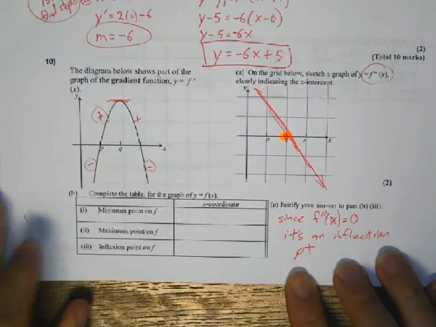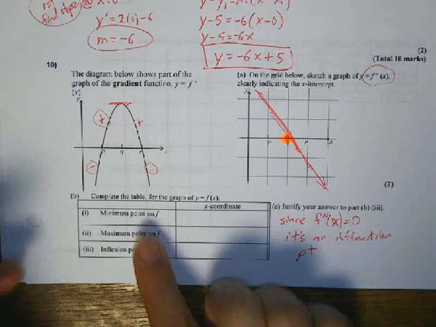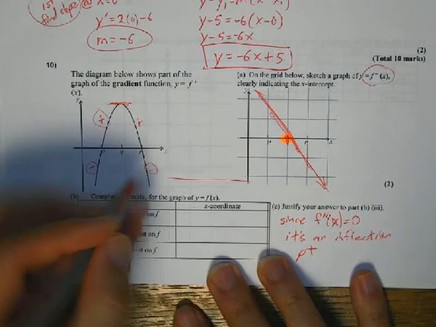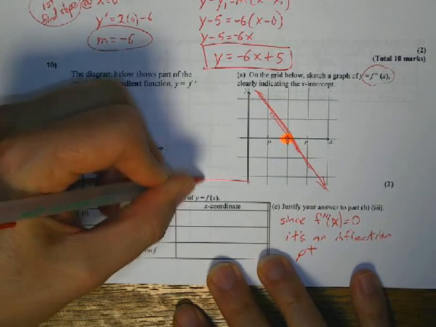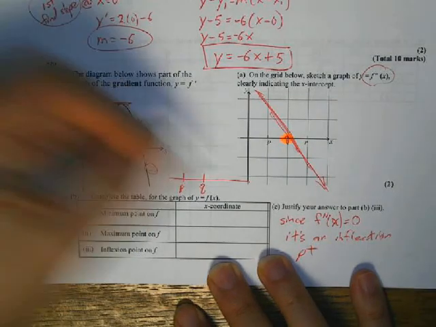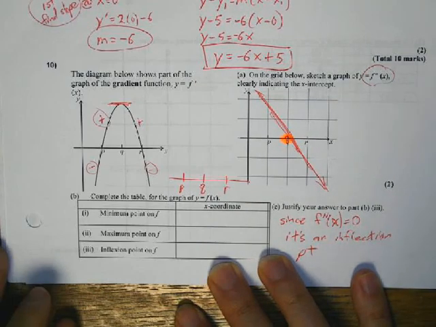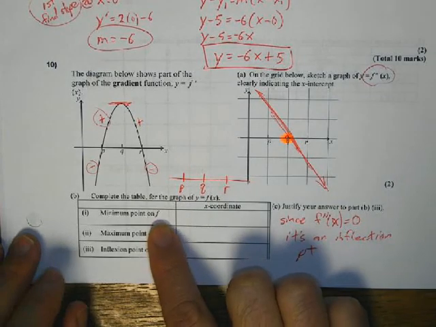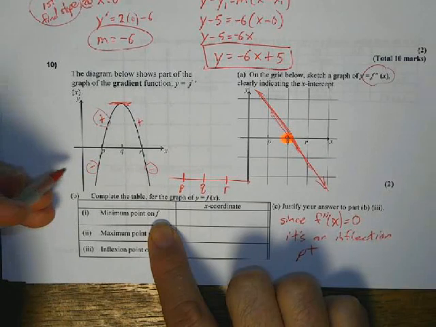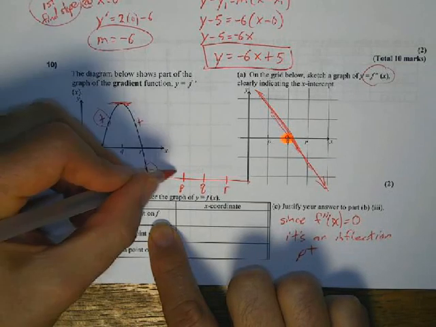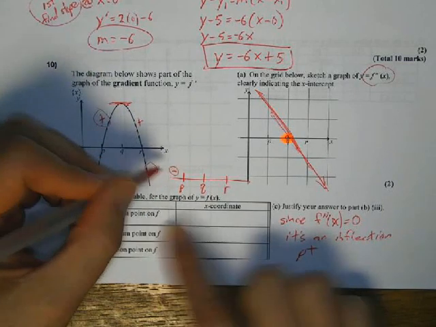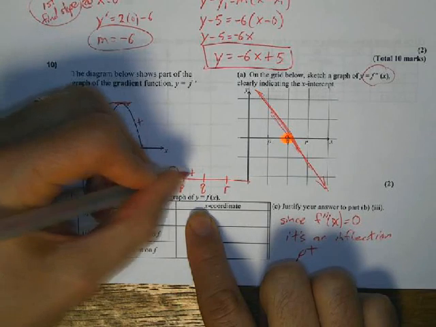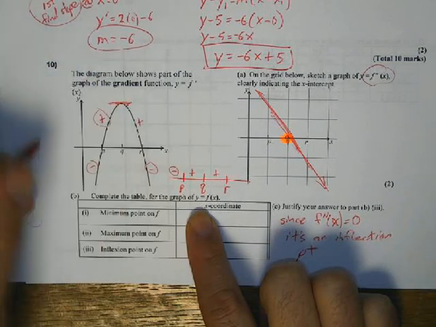Okay, when is the minimum? So we need to do a sign diagram here. P, Q, R. Looking at the first derivative, we've got a negative slope, then a positive slope, a positive slope, and then a negative slope.